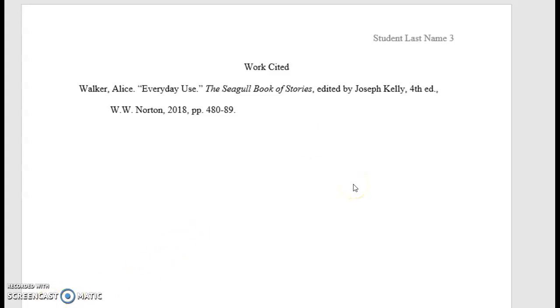Followed by the title of the container, we have other contributors. So we have that this textbook was edited by Joseph Kelly. Now that's important to tell readers because the way that an editor organizes the stories, prefaces the stories, sometimes influences our reading of the stories. So we want to tell our reader, anyone interested in using this source, that some of our ideas may be influenced by Joseph Kelly.